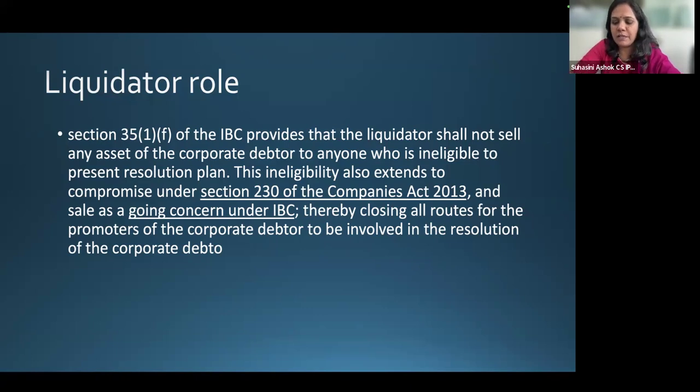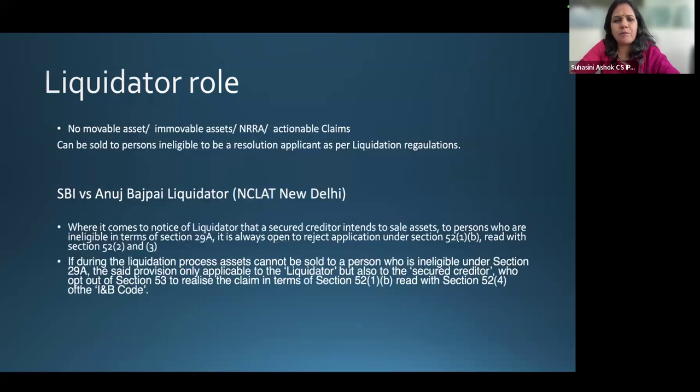That is what Section 35(1)(f) clearly states. Again, there is a regulation which says no movable asset, immovable asset, or not readily realizable assets or actionable claims can be sold to a person who is ineligible to be a resolution applicant. This is as per liquidation regulations.